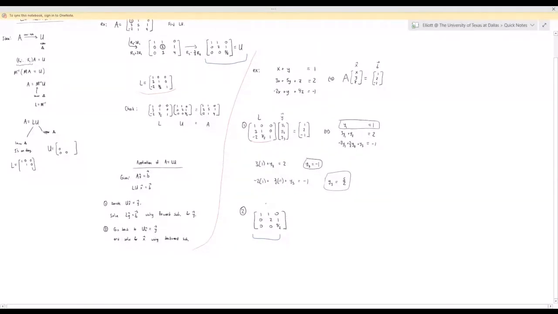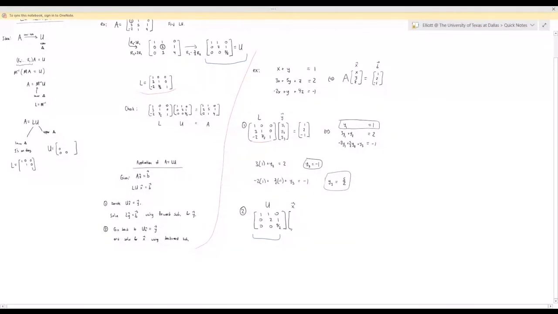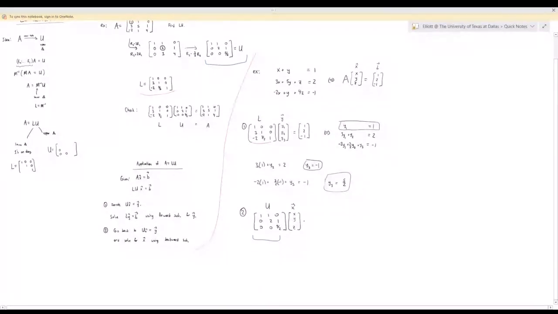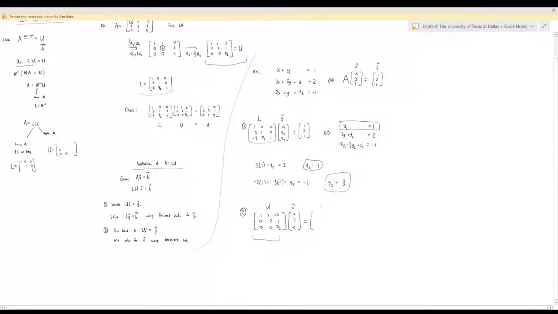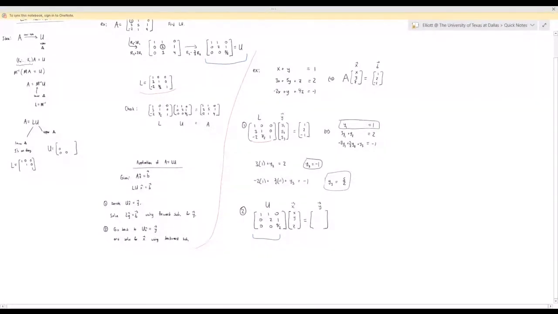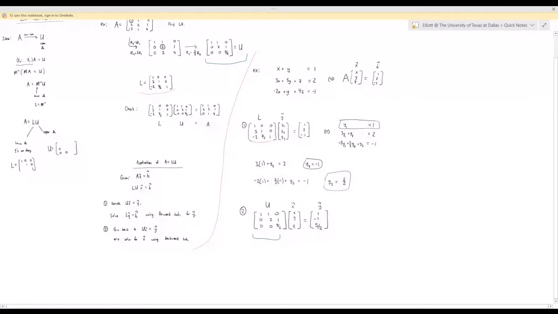U times X, where X is the original variables x, y, z, and we set it equal to y on the right-hand side. We just solved for y, so y is the vector 1, -1, and 5 halves. Now we want to solve for x, y, z.